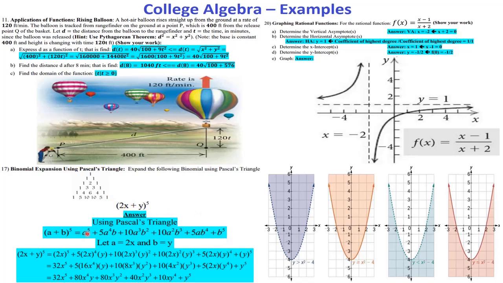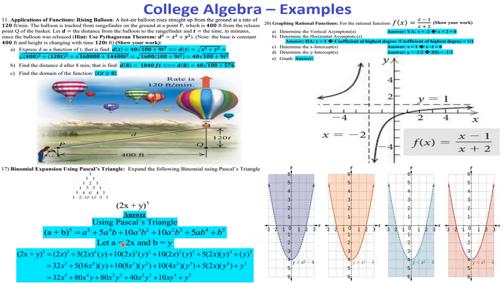Basically, you have the coefficients, the powers of a are decreasing, 5, 4, 3, 2, and so on. The powers of b are increasing, 0, 1, 2, 3, 4, 5.